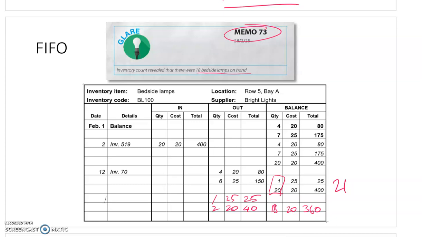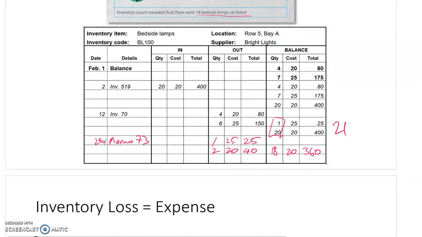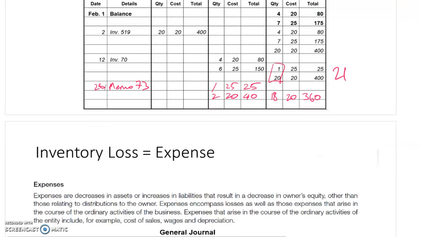Now we need to record, so the date was the 28th of Feb. See the date there on the memo 73, and that's the transaction there, recorded in the inventory card.